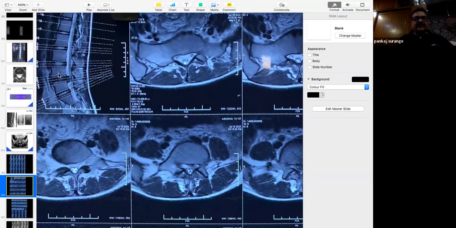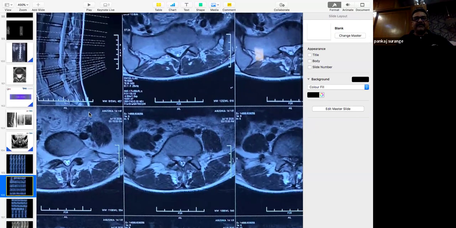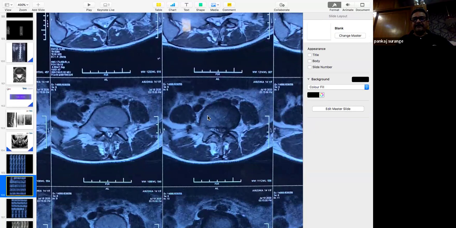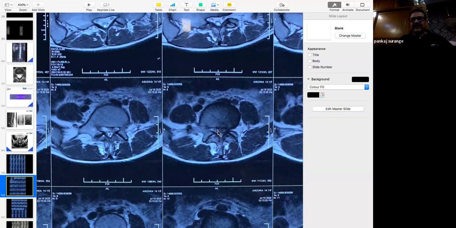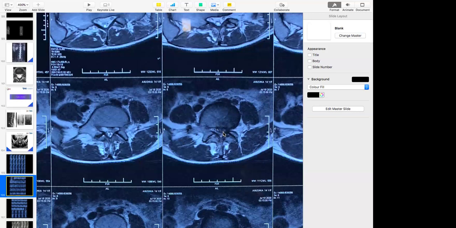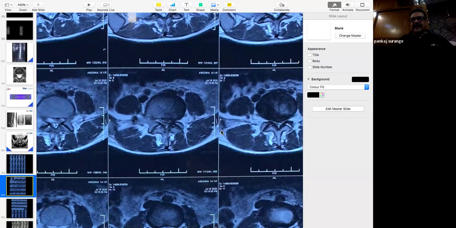Look at this section, there is nothing. We go towards the disc level and we can start seeing the herniation over here. Central herniation going to the paracentral area and extending up to the foramen.